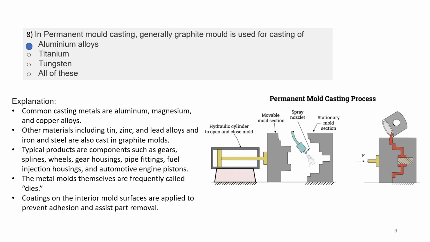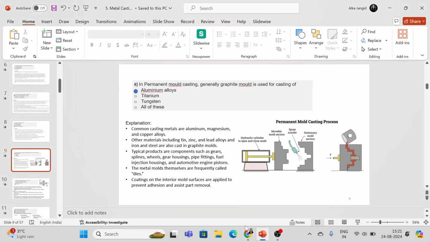In the case of metal molds, you can only choose alloys with very low melting temperature, while in the case of a graphite mold you can go up to a certain temperature. Coatings are applied on the interior mold surfaces so that removal of the casting is easier and it doesn't adhere to the mold.